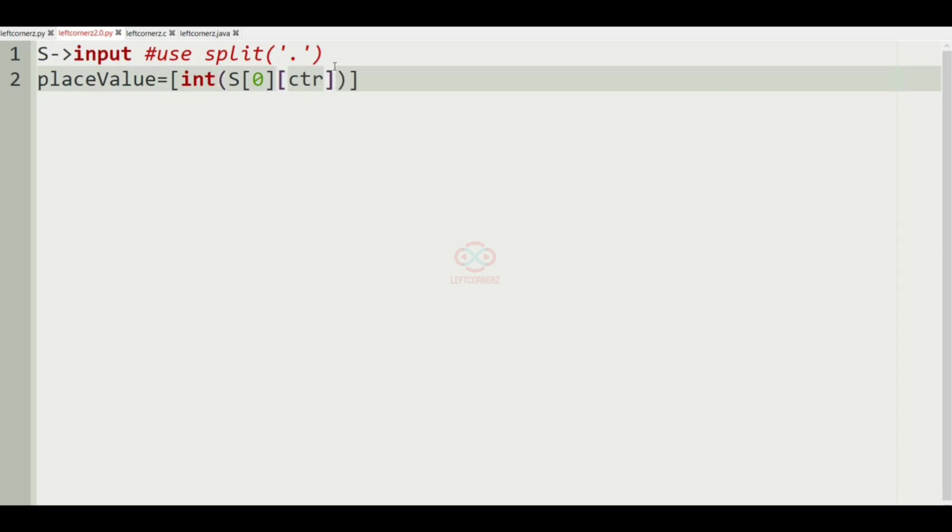s of 0 [ctr] into 10 to the power of the length of s of 0 minus ctr minus 1.